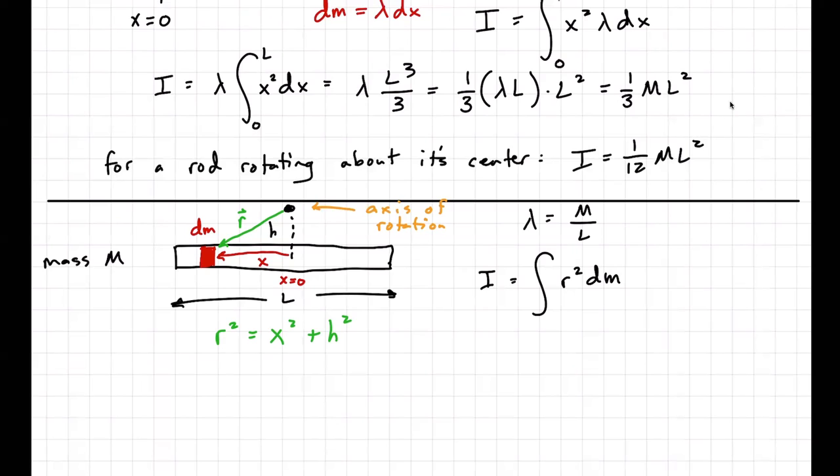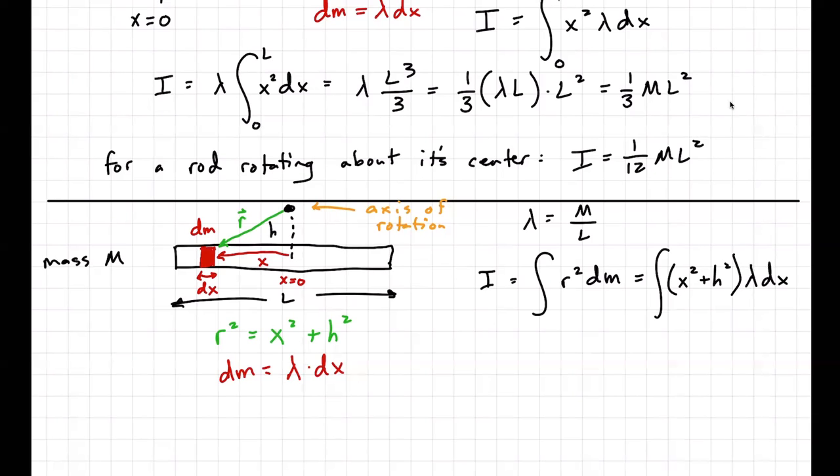Again, dm is just going to be equal to lambda times dx, where dx is just the length of our little infinitesimal mass. Okay, so let's plug this in. So I've got I equals integral r squared dm. And if I plug in these expressions, r squared is x squared plus h squared. dm is lambda dx.